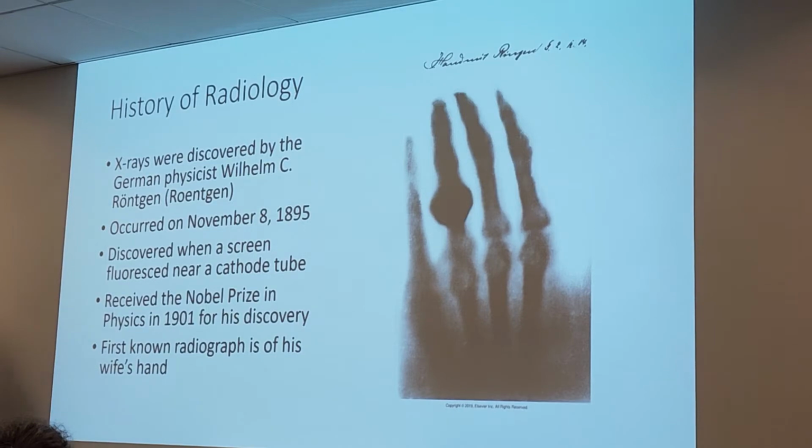And so he began to experiment with this to try and figure out exactly what was causing the glow. He decided that it was an unknown ray, a beam of energy of unknown origin. For unknowns, he used the letter X to denote unknown. We kept that X, and now we have X-ray.